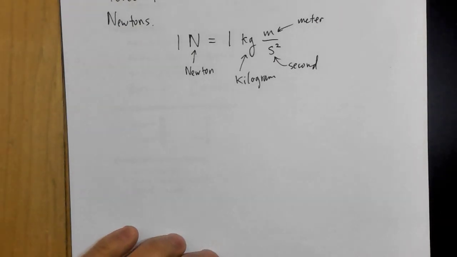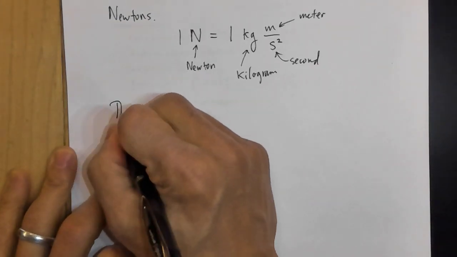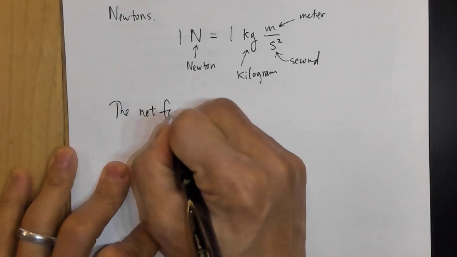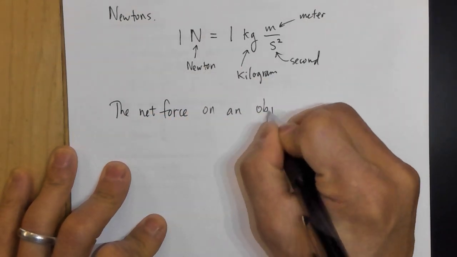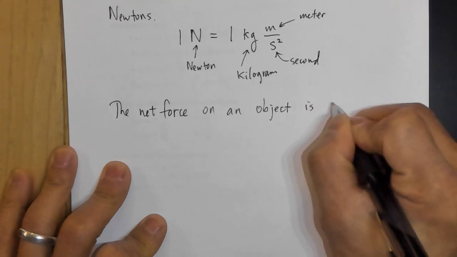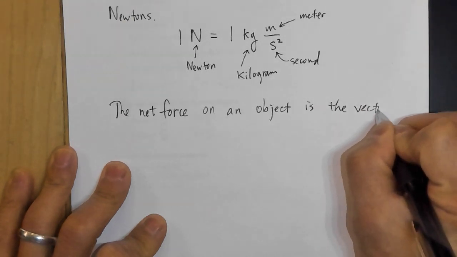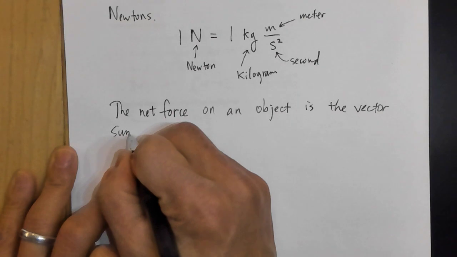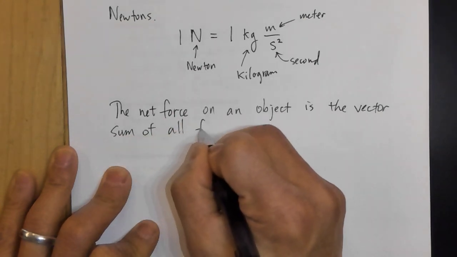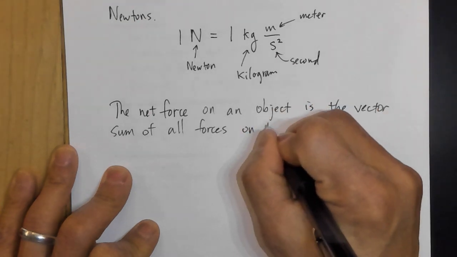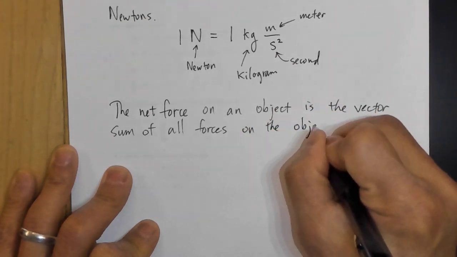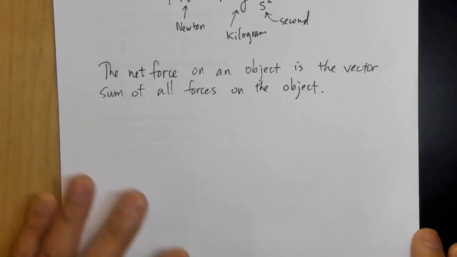Net as in total. For example, what is your net worth or your net force, the sum? So the net force on an object is the vector sum of all forces on the object. Very simple.